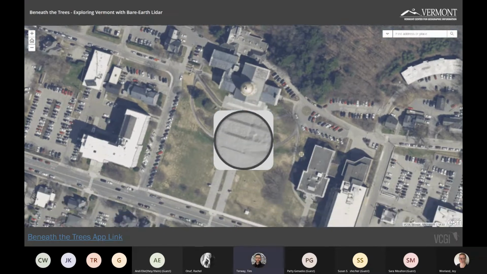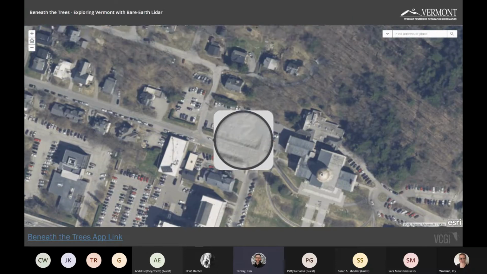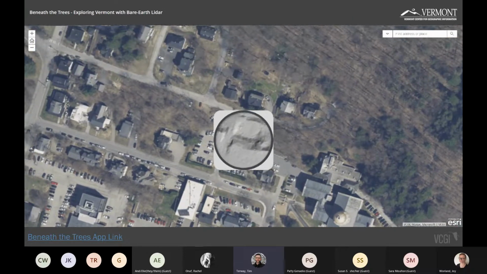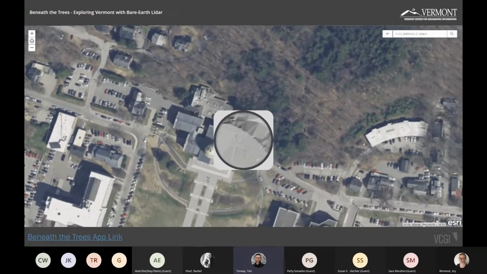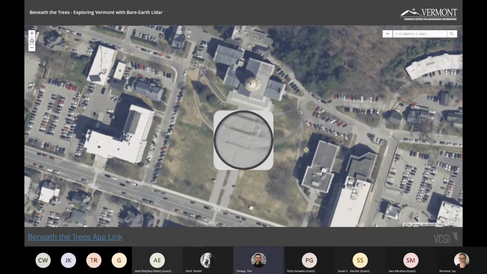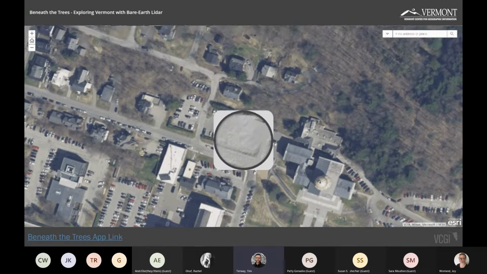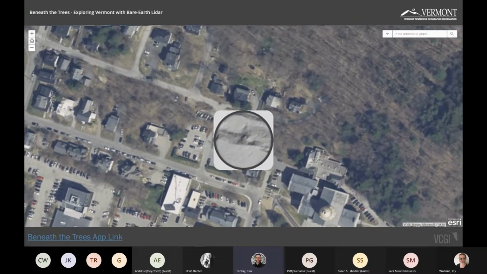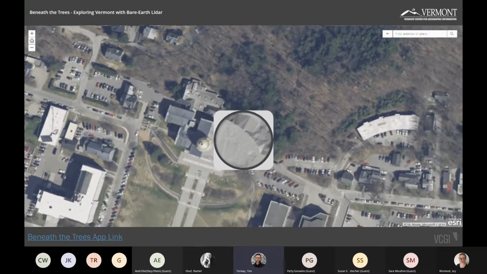So Beneath the Trees is a perfect example here of a task-specific or theme-specific application. You're looking at two layers, the Ortho imagery layer in downtown Montpelier, and then the underlying bare earth LiDAR hillshade. All it is is this little viewport window that you can drag around and see essentially what's underneath the Ortho photograph. So you can see the shape of the toe of the slope there.